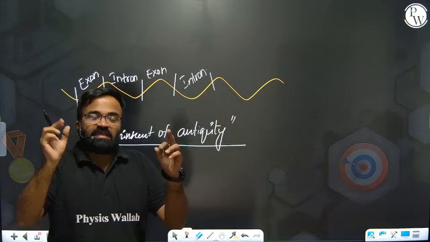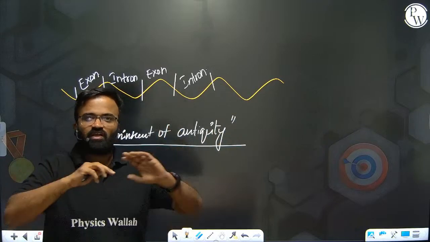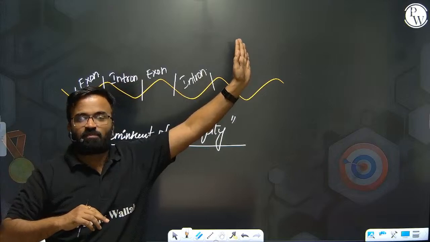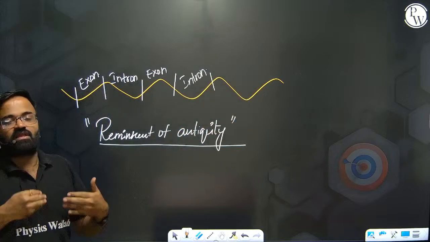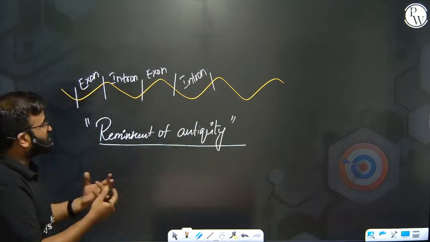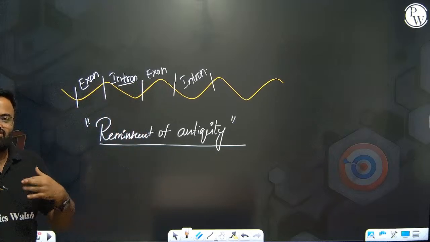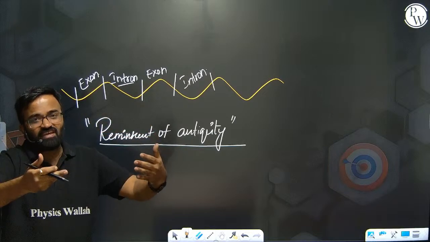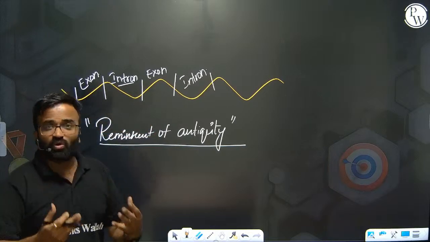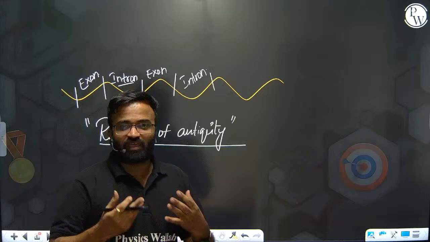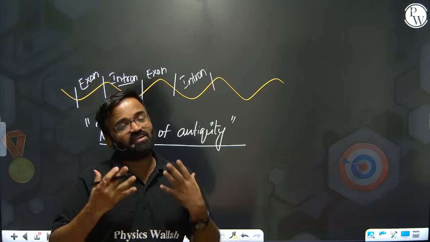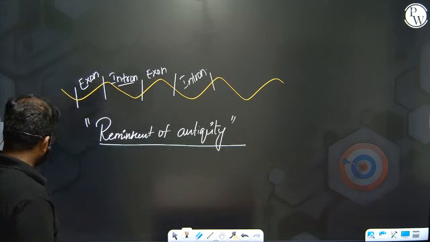You know the antique furniture, antique jewelry, that means which was there in the past. So reminiscent means reminding. So the presence of these non-coding sequences, introns, is a reminiscent of antiquity. So make sure you are ready for such kinds of questions as well.